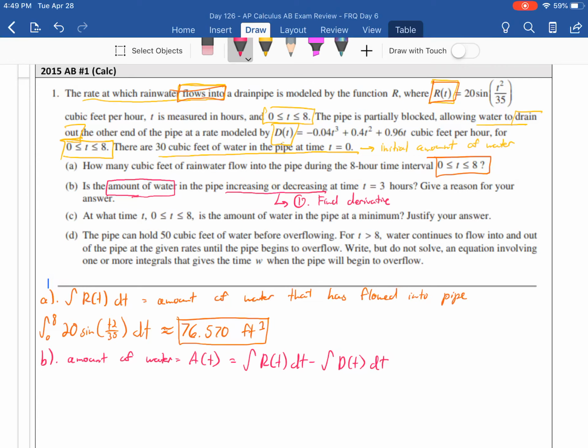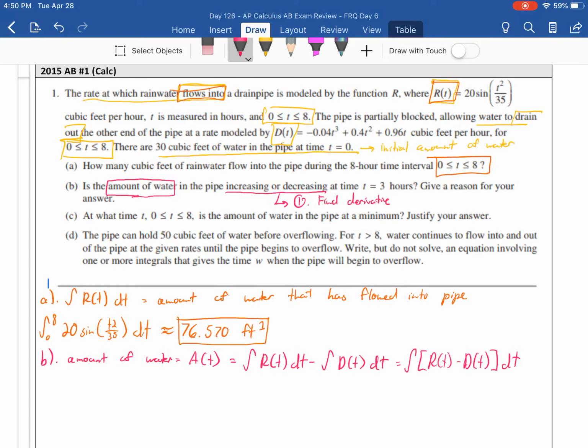Because we get 5 minus 3. So that's a simple example to think of as to why the amount of water is determined by the difference of these two integrals. And we can rewrite this as the integral of r of t minus d of t dt, just as one integral.